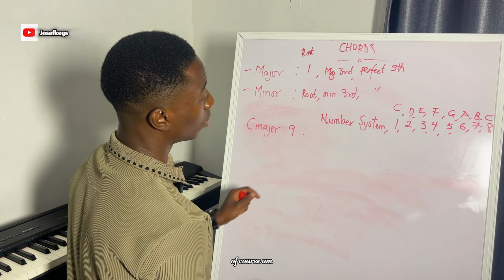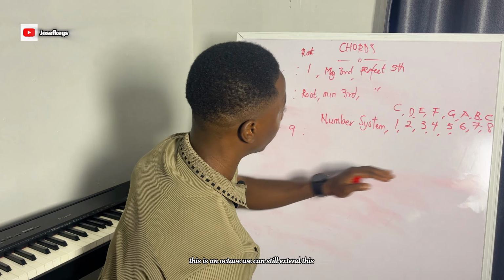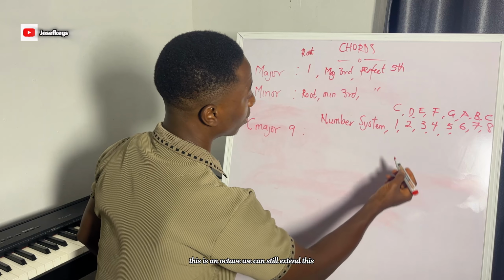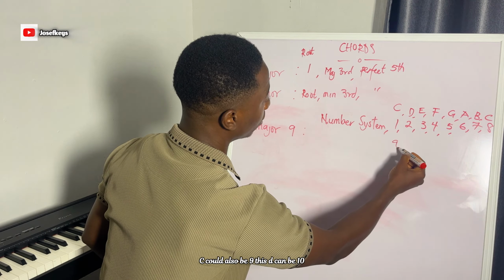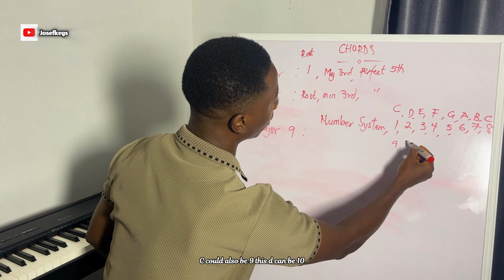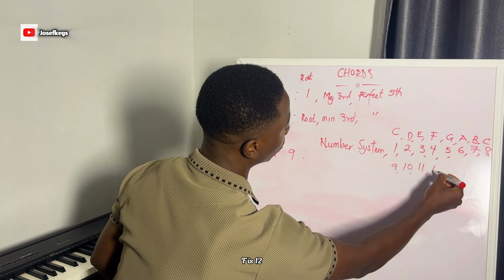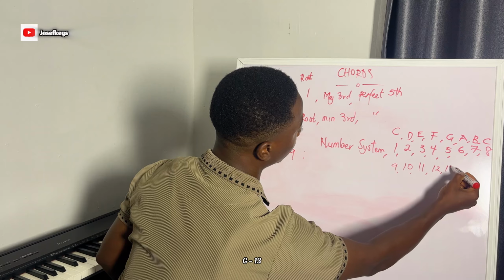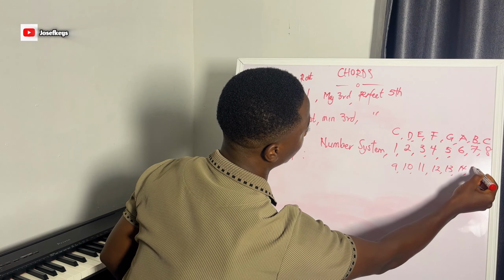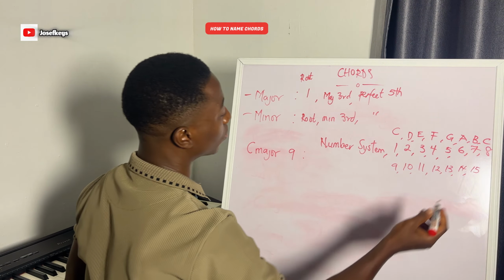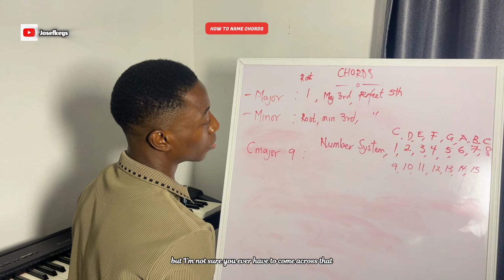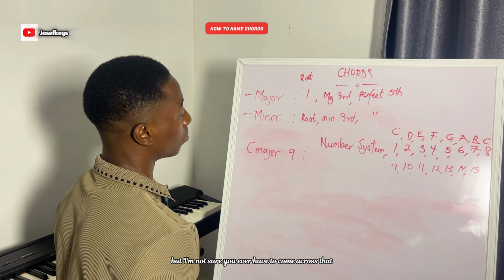Of course, this is an octave. We can still extend. This C can also be 9. This D can be 10, 11, E, F is 12, G 13, 14, 15, whatever, but I'm not sure you ever have to come across that.